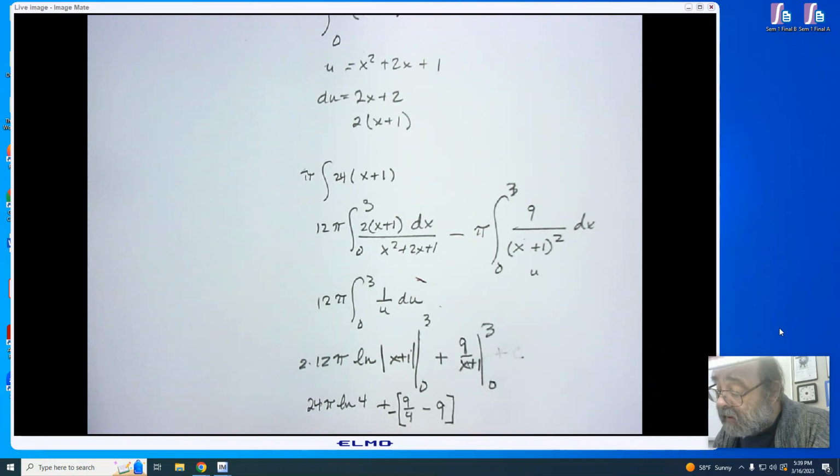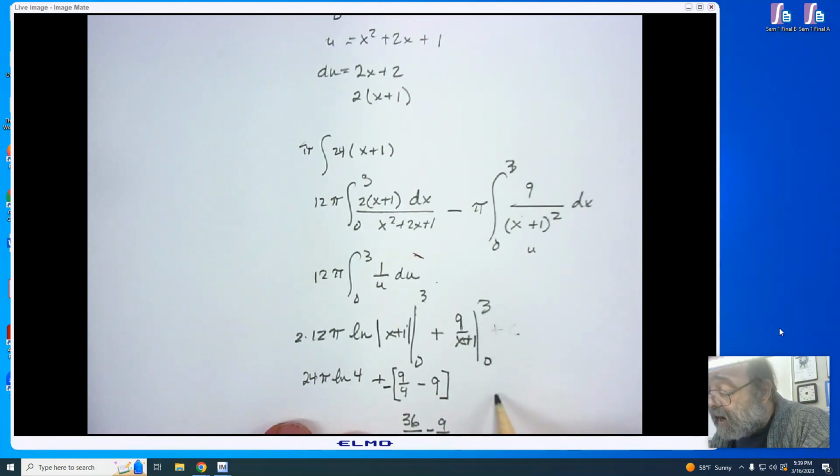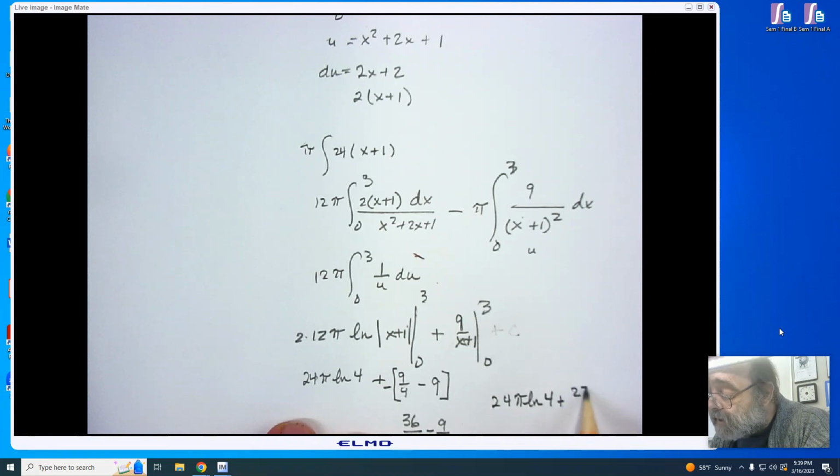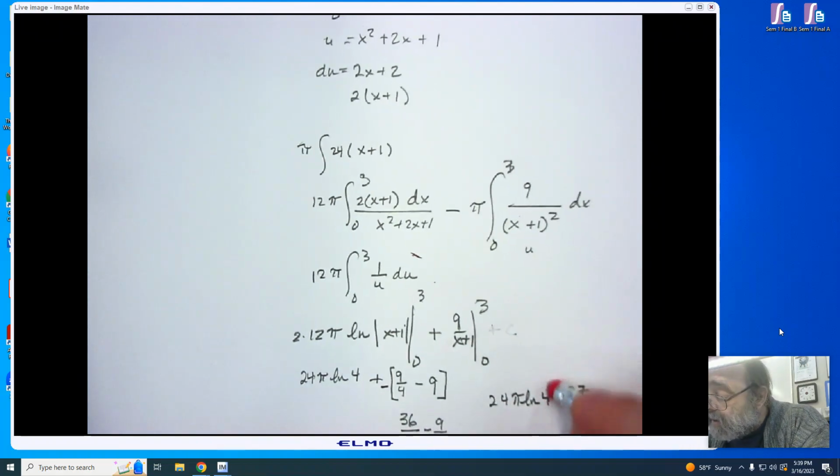Let's get that to be 36 fourths minus 9 fourths is 27 fourths. And I now have an answer of 24 pi natural log of 4 plus 27 fourths. Now I can make this into, hang on, that should be a minus 27 fourths.